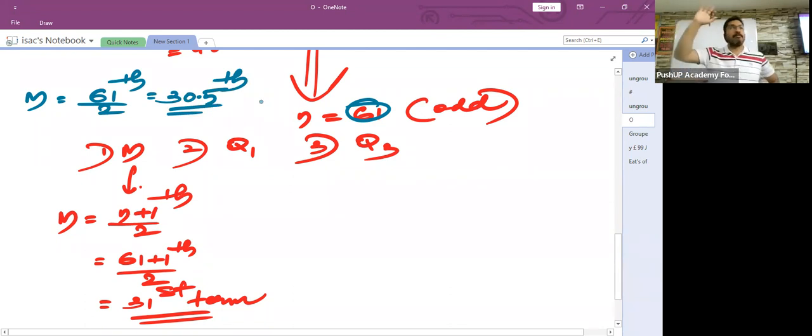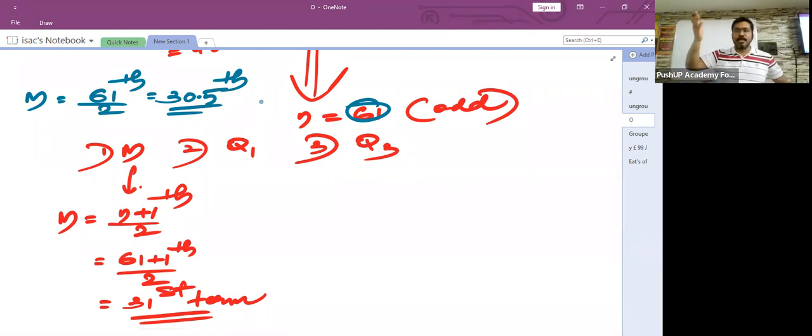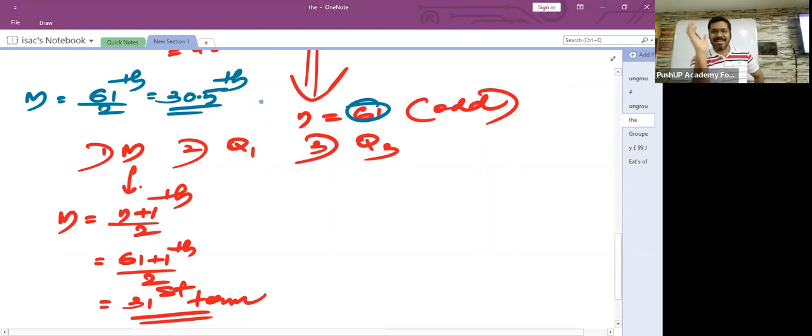Can you find 30.5th term? No, isn't it? Imagine the variable x stands for students. Find the 30.5th student. Where will you look? You are getting it, children? You cannot find the 30.5th student. That does not make any sense.